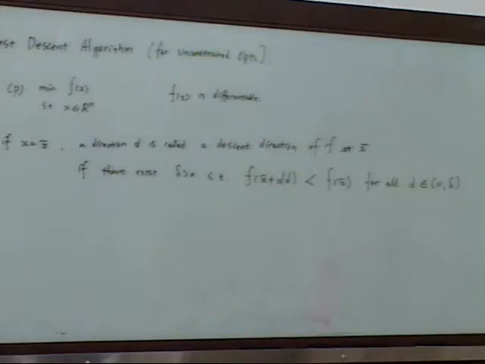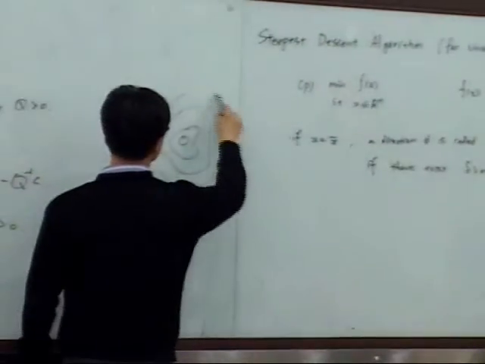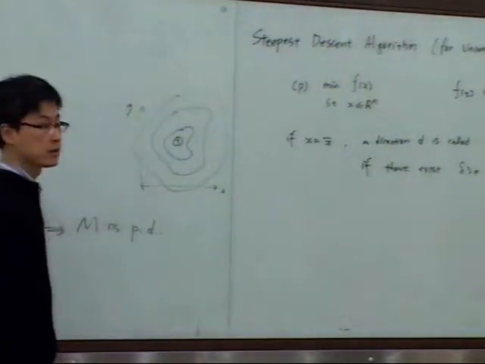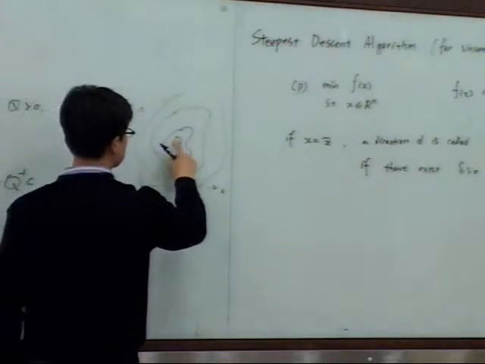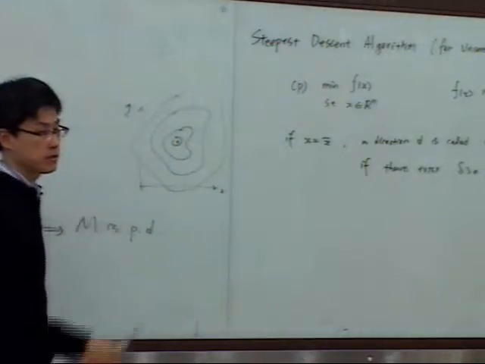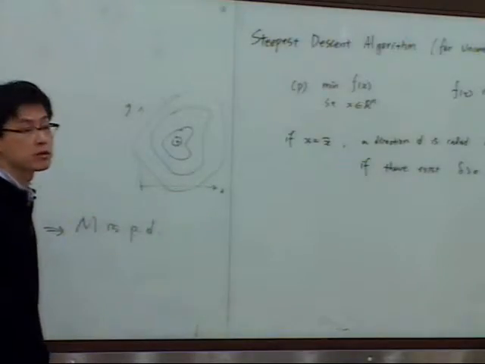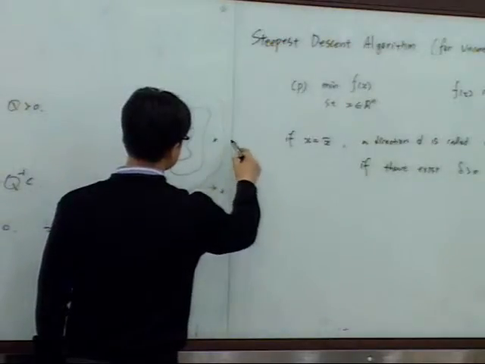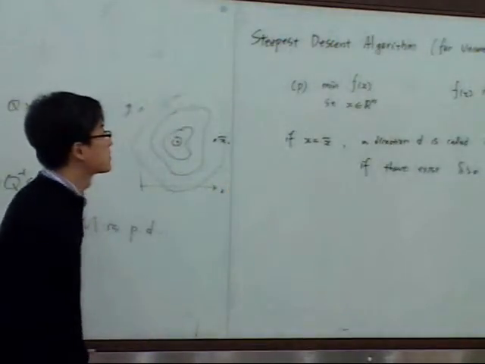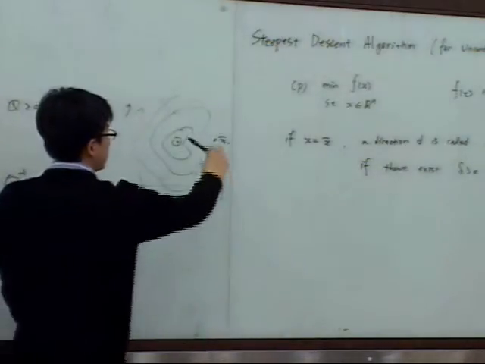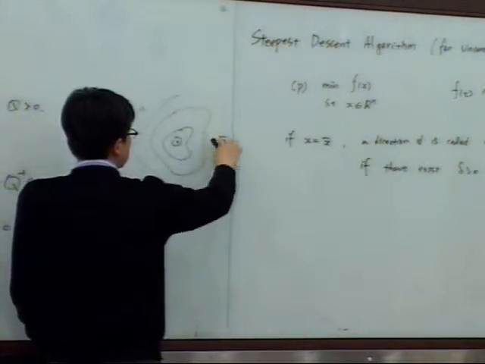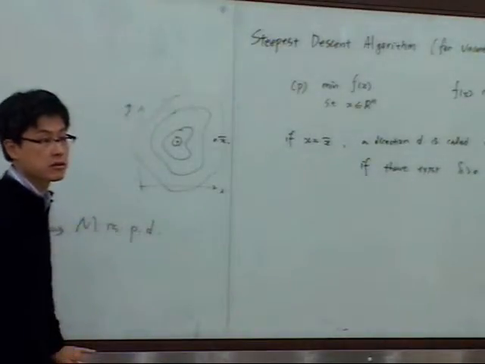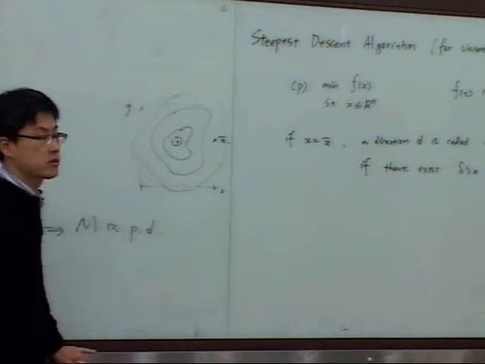Let's think of a contour. And this is the highest point. Sorry, lowest point. So it's a well-defined differentiable surface function. Let's say this is x bar. At this point you have many directions all around, 360 degrees.